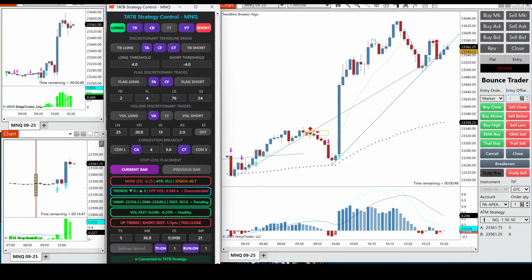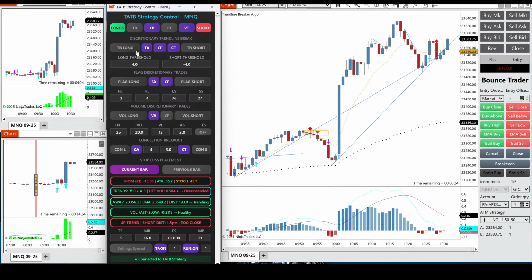Now see how this is. Like I've said earlier, if we're gonna have a trend line break to the downside, but we are just really overextended, I just don't think we're going down, so I'm not interested in trend line break to the downside.